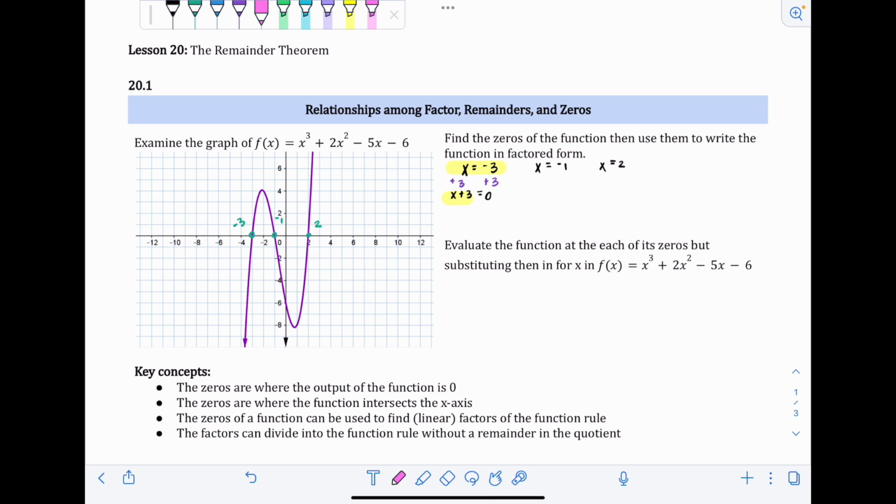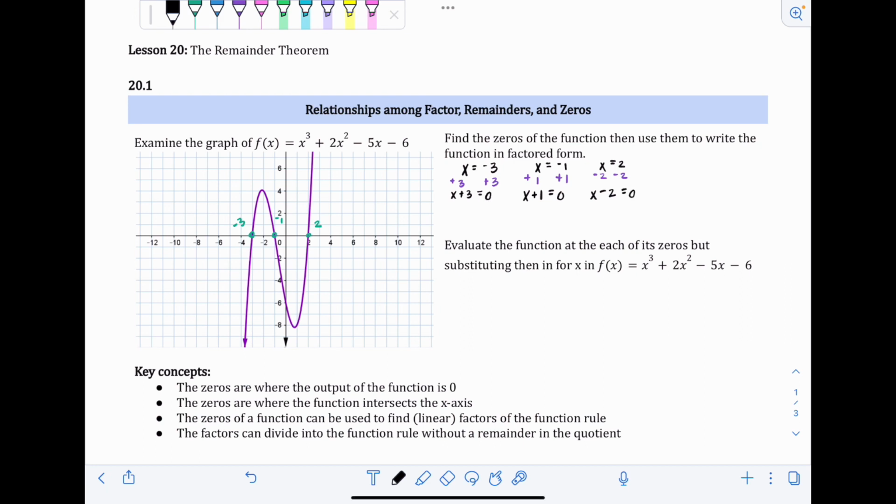And then if we use that same approach with x equals -1, I can add 1 to both sides to cancel out the -1, and that gives me x plus 1 equals 0. For the last one, x equals 2, I would subtract 2 from both sides, which gives me x minus 2 equals 0.